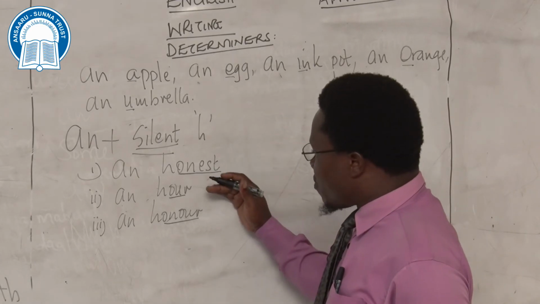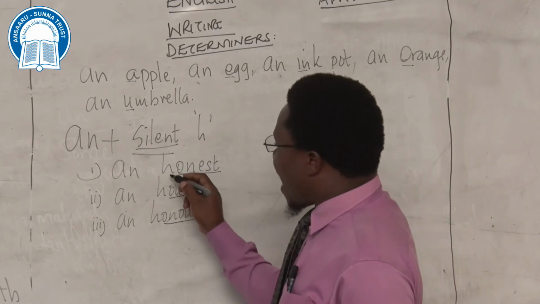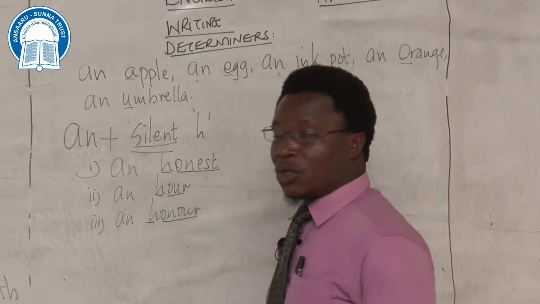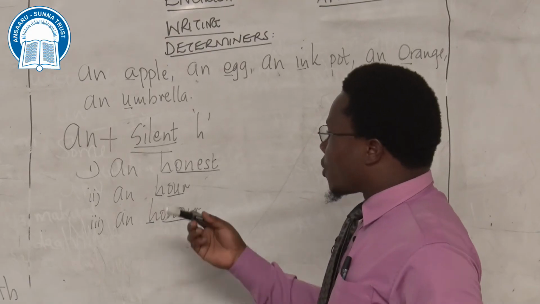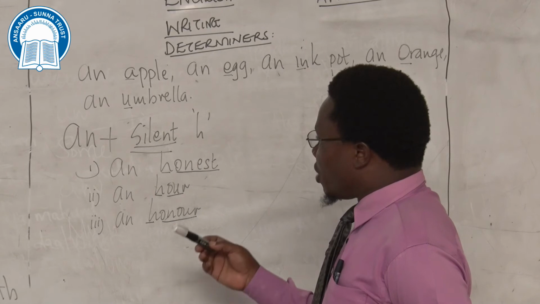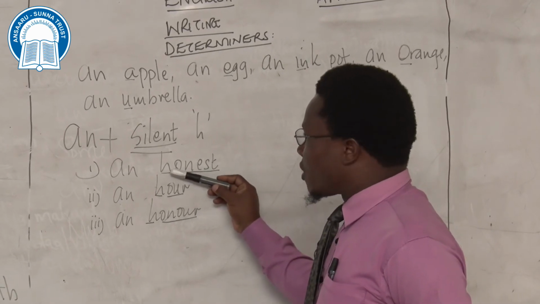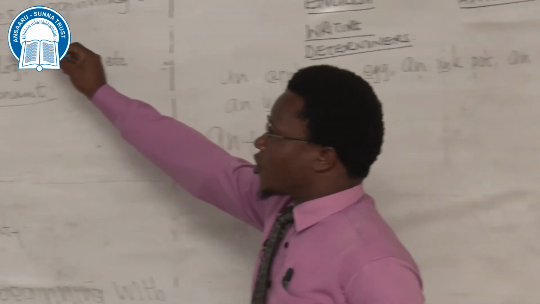So in the three words I've used as examples, you find there is silence on H. The H in the words is not pronounced. That's what I'm saying, that an article can also be used with nouns beginning with silent H. H in this case is not a vowel, but H in this case is a consonant.